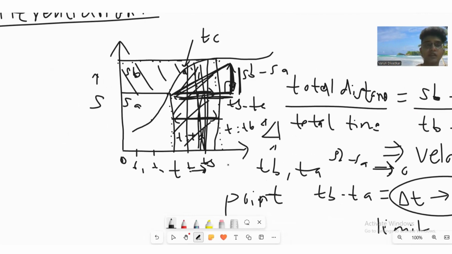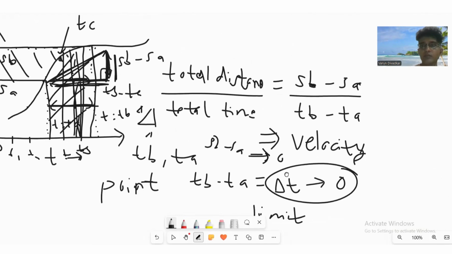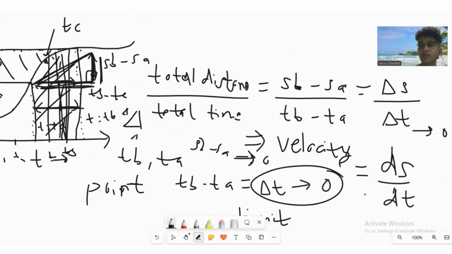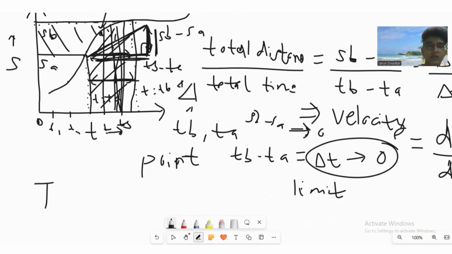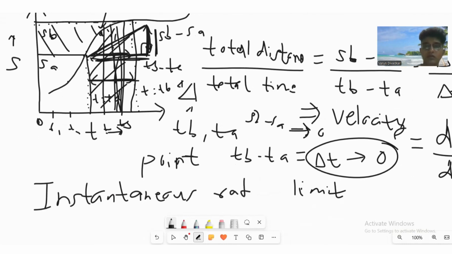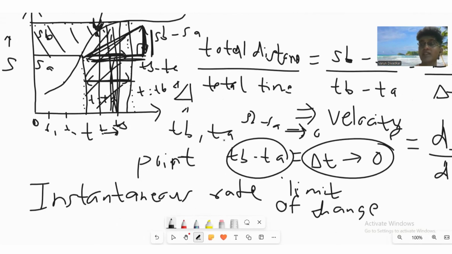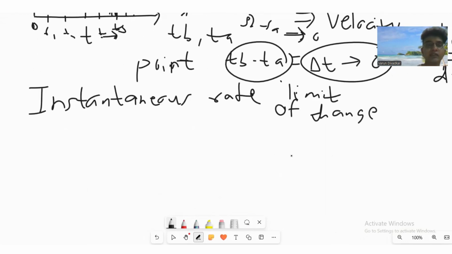Instead of your initial SB minus SA, which was delta S, and TB minus TA, which was delta T, as this delta T tends to zero, this is represented as ds by dt, which is the instantaneous rate of change at a particular point, like TC. Here the difference is so small that it's approaching zero, but not exactly zero. That's basically the approximation used in calculus. It's called an infinitesimal.